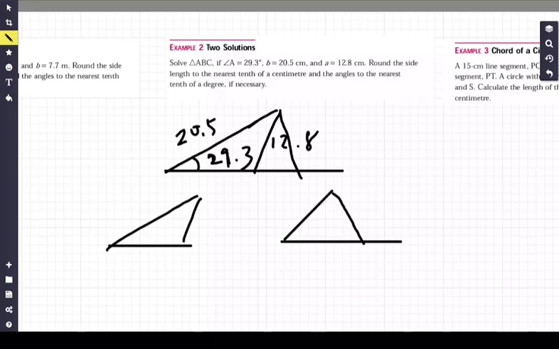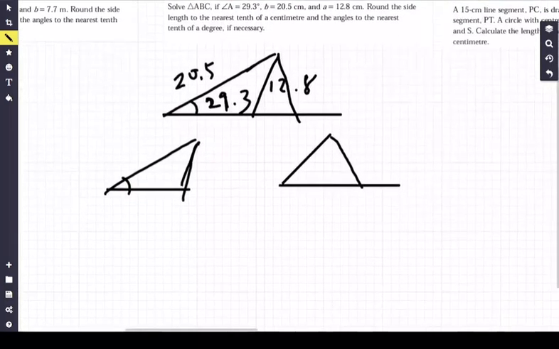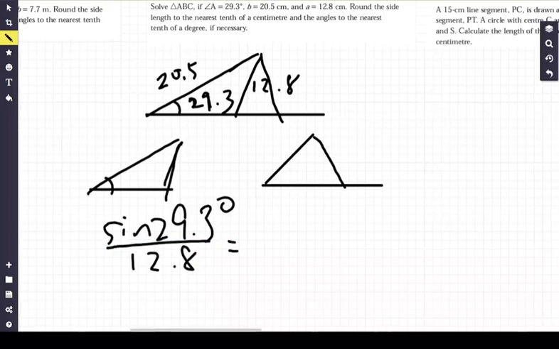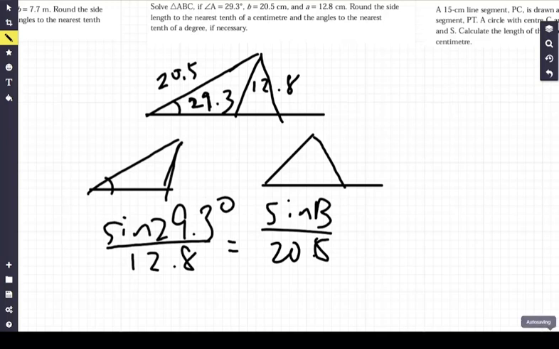First, for the first one, let's find the other angles. So we're going to do sine of 29.3 over 12.8 equals sine B over 20.5.